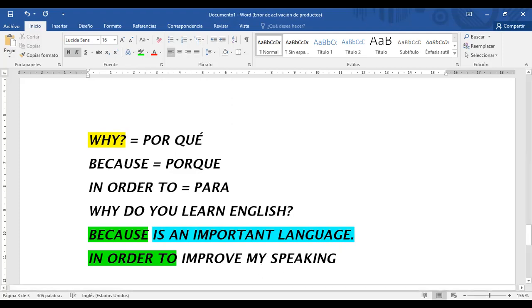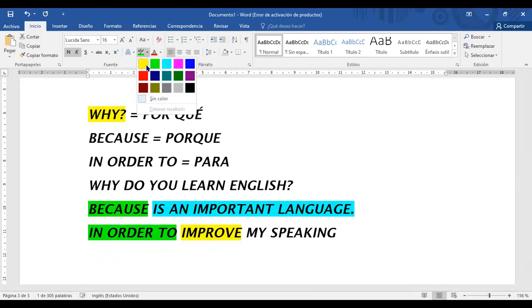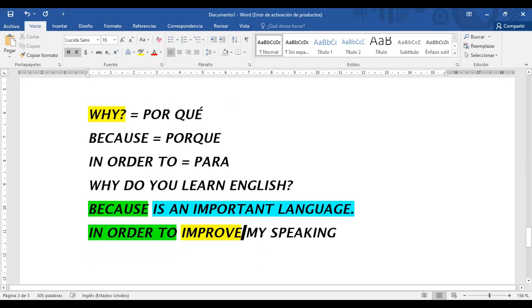Do you understand, Carlos, the verb improve, or you don't understand this verb? I understand. Yes. In case you want to check it out, it's in the chat. Improve. So the difference, Carlos, is that after in order to you need a verb always, but after because, no, it's not necessary to have a verb.